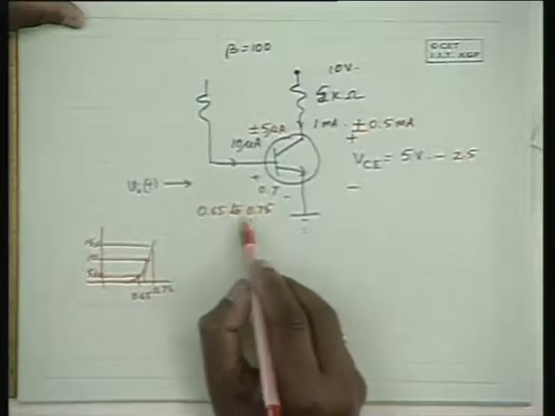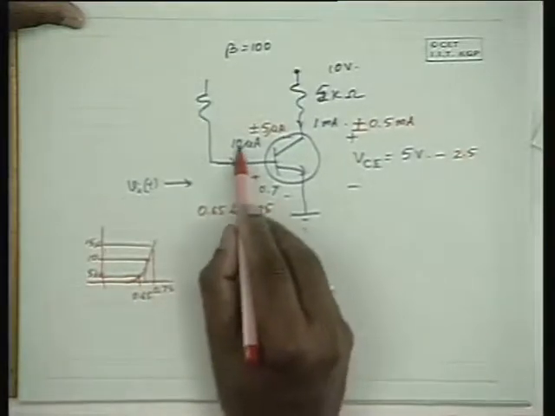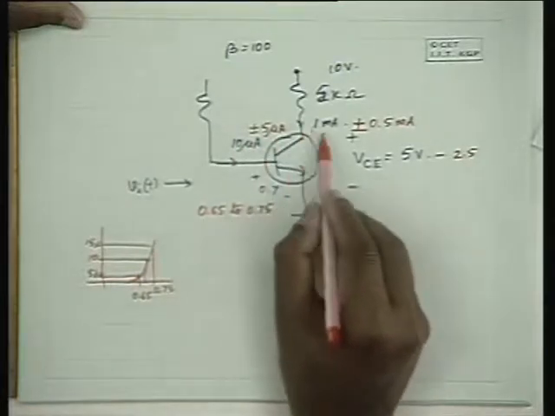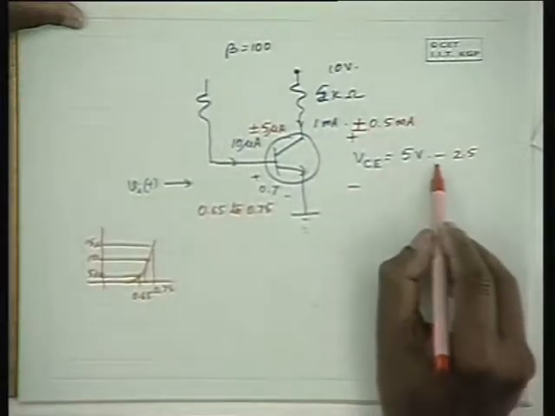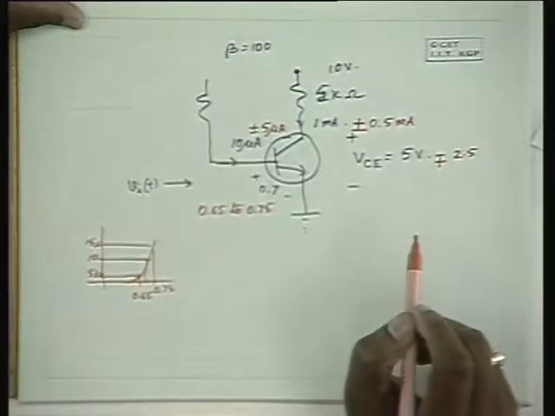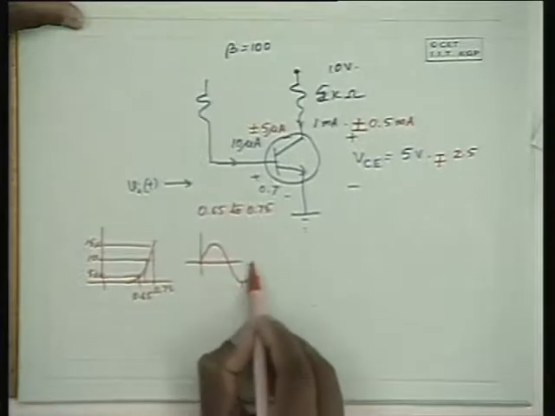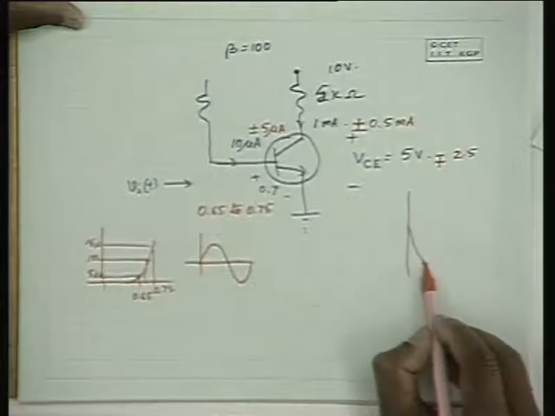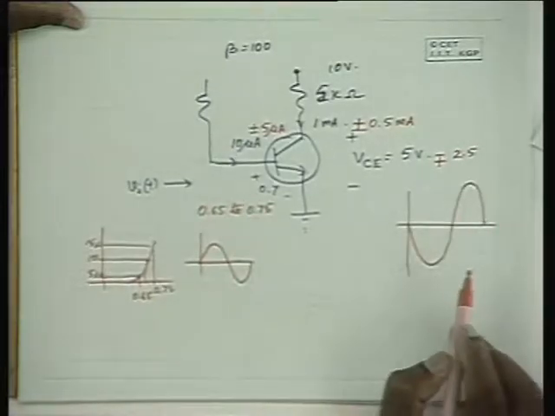Now when the voltage is 0.65 volts, the base current is going to be 10 minus 5, that is 5 microamperes. Collector current is 0.5 milliamperes, and the output will rise to 5 plus 2.5 volts. So for a rising input like this, the output voltage would be a falling voltage like this.